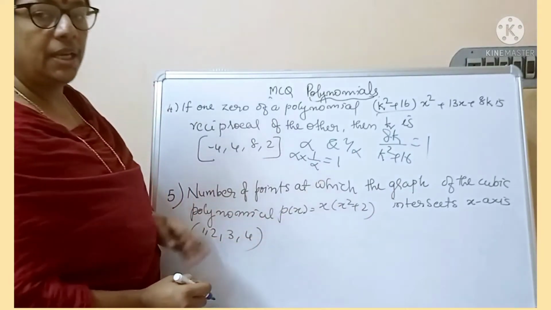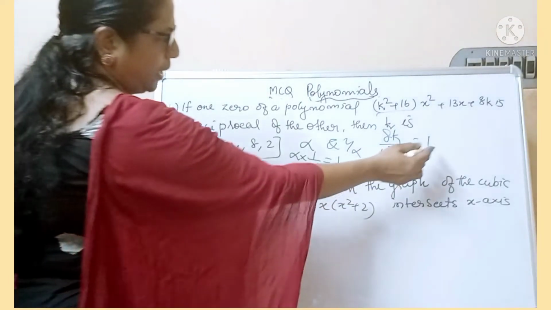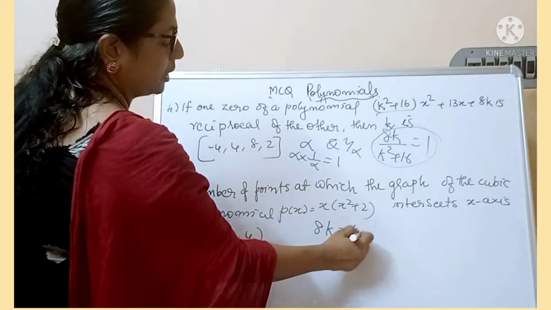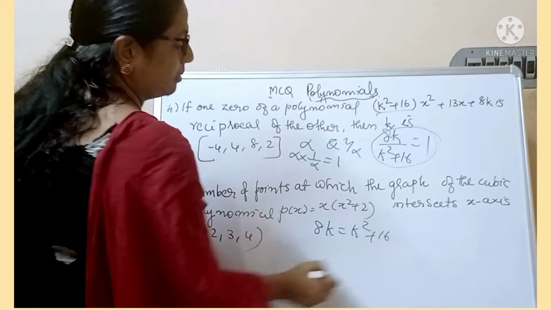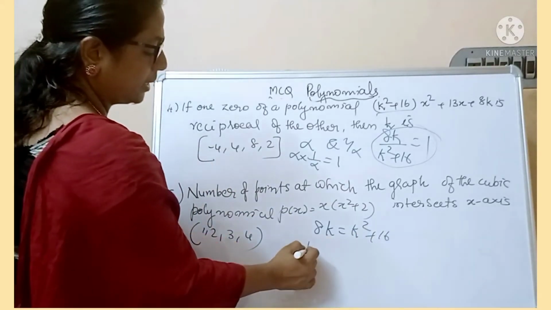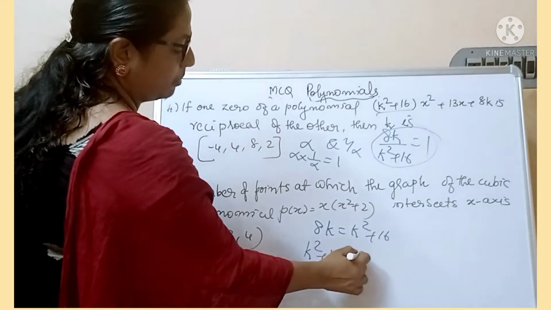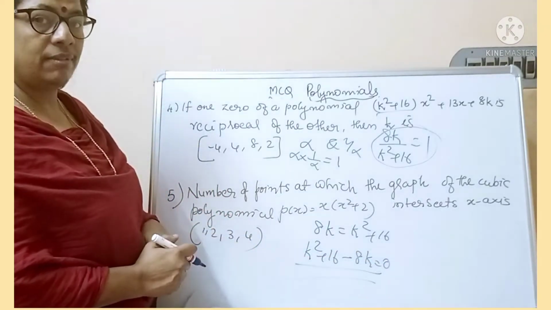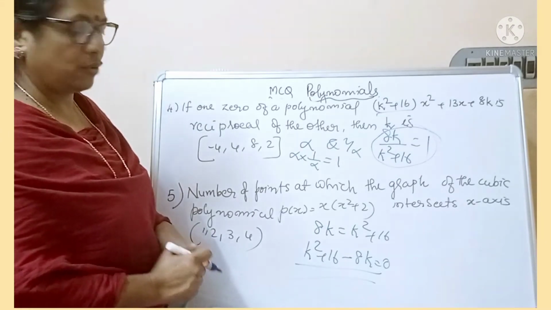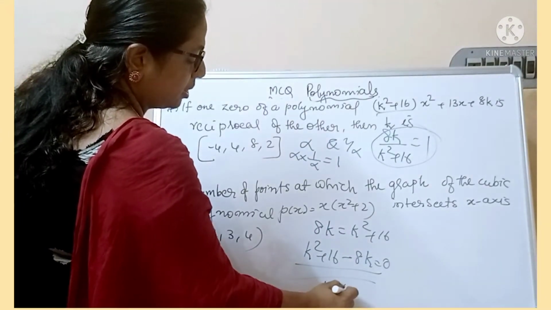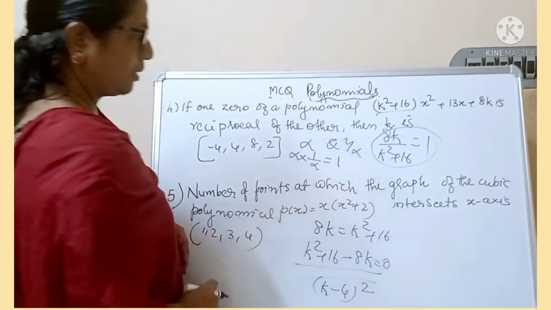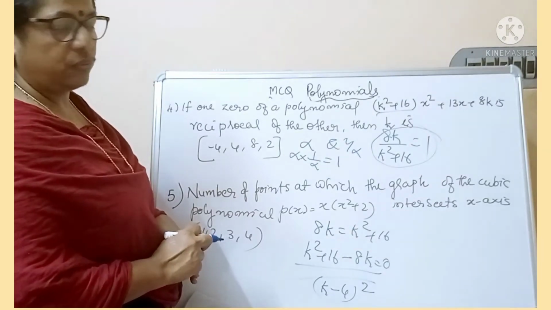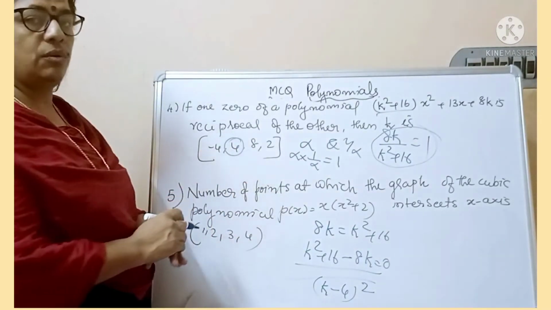We can cross multiply it, then you will get 8k is equal to k square plus 16. Then k square plus 16 minus 8k equal to 0. This is the expansion of the a minus b whole square form. So it is k minus 4 whole square equal to 0, then k is equal to 4. So the value of k is 4.